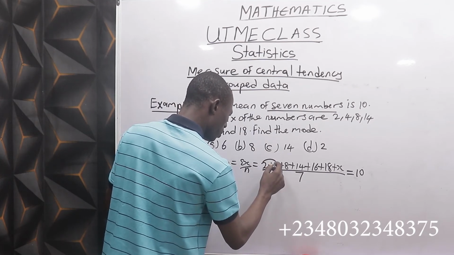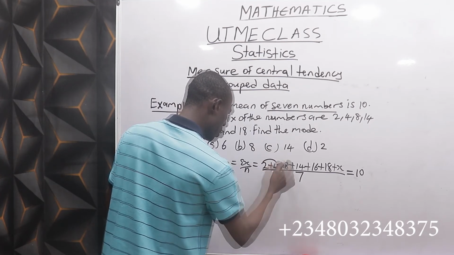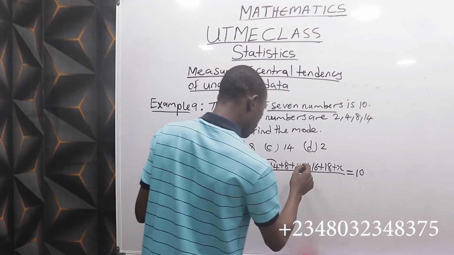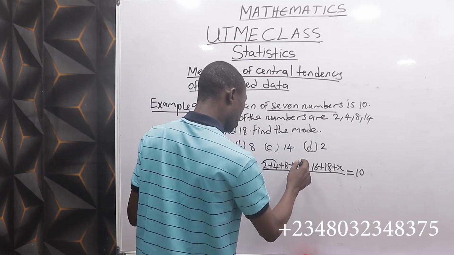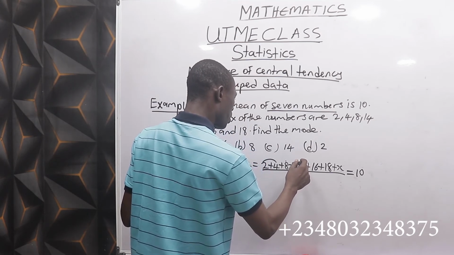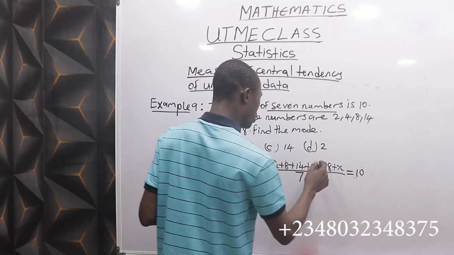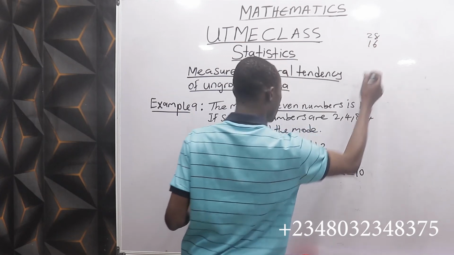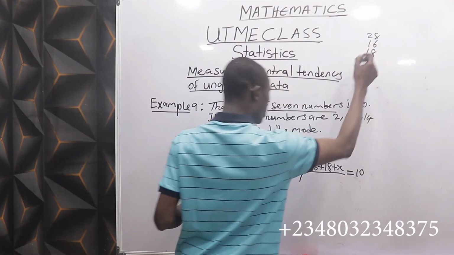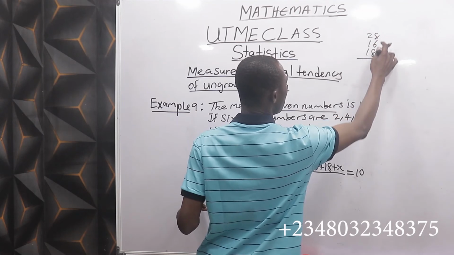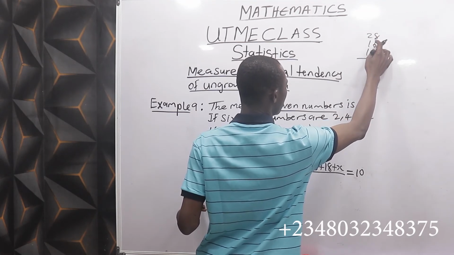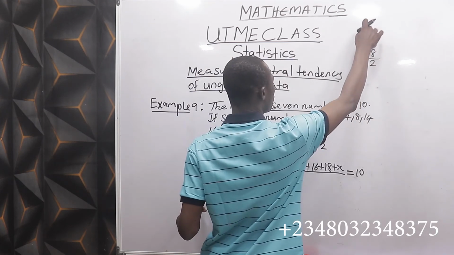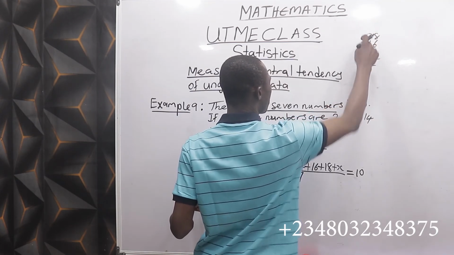2 plus 4, that is 6, plus 8, that is 14. 14 plus 14, that is 28. 28 plus 16 plus 18: 8 plus 8 is 16, plus 6 is 22, we write 2 and add 2 to this, making 4, 5, 6.